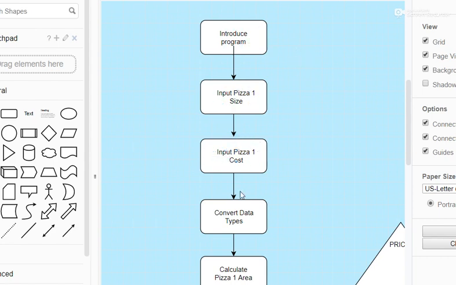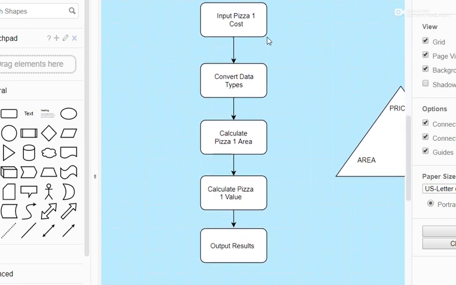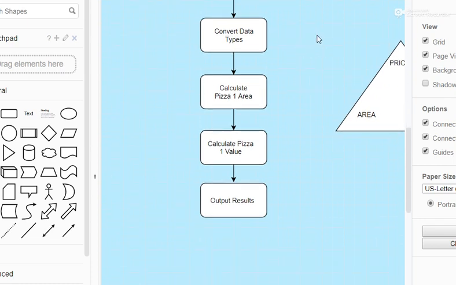So how it will look for pizza 1: introduce the program, start the program, ask the user to input the diameter of the first pizza, ask the user to input the cost of the first pizza, and convert the data types, making sure we haven't got hundreds of characters after the decimal point, so it's a bit sensible.